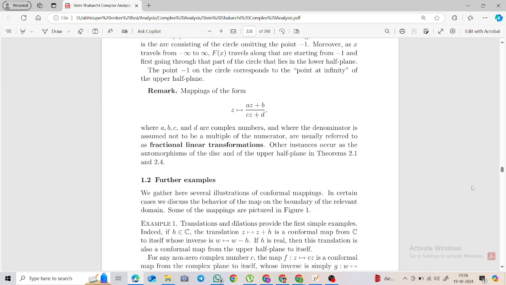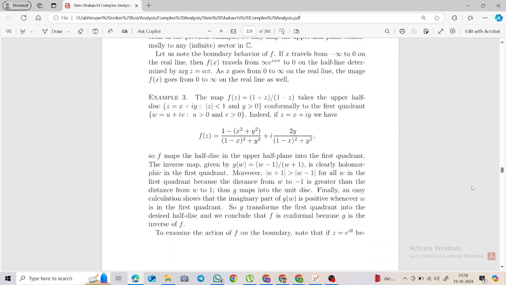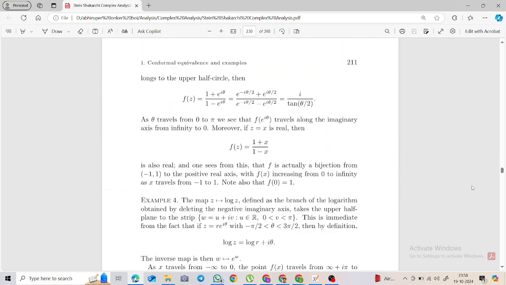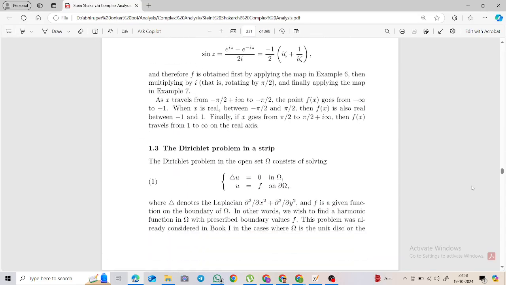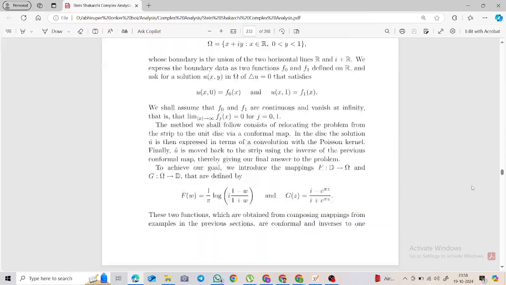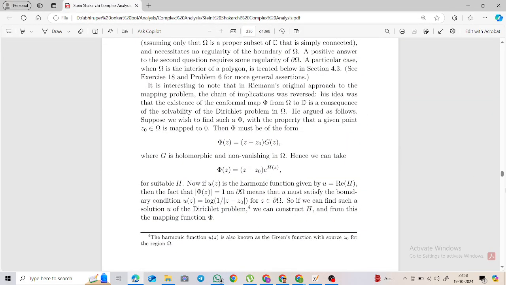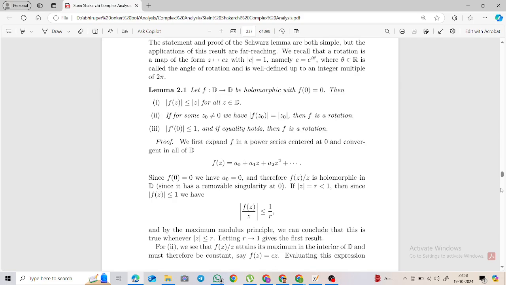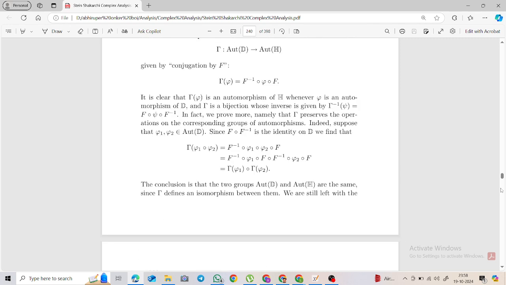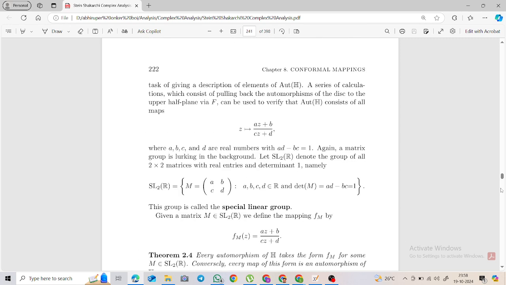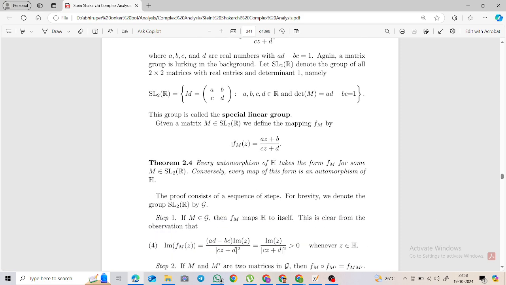In some class we did that all those automorphisms from H plus to H plus are of the form (az plus b) by (cz plus d), where a, b, c, d are reals and ad minus bc is 1, right? Yes, this is. Okay.